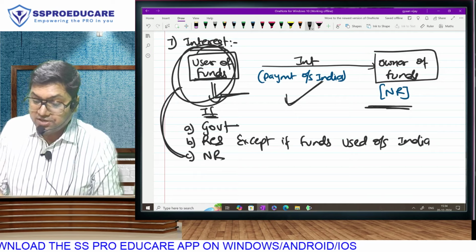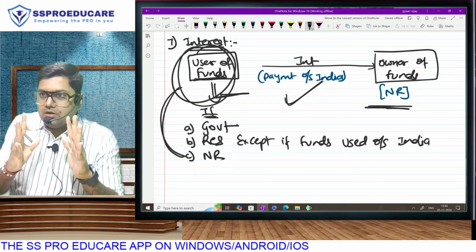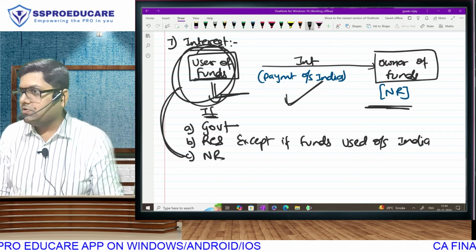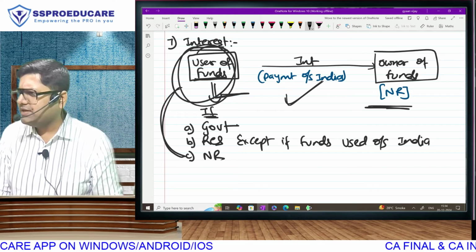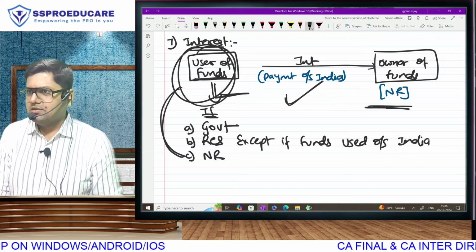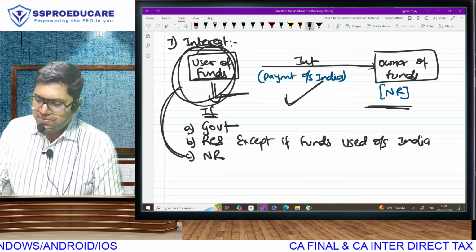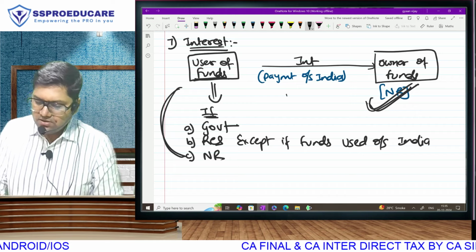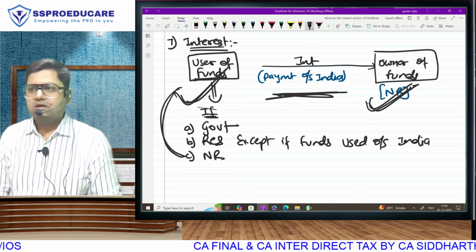Just imagine Joe Biden is giving a loan to Kamala Harris. That means Kamala Harris will pay interest to Joe Biden. This is Joe Biden, the receiver. Kamala Harris, the payer. Obviously, the interest will be paid.